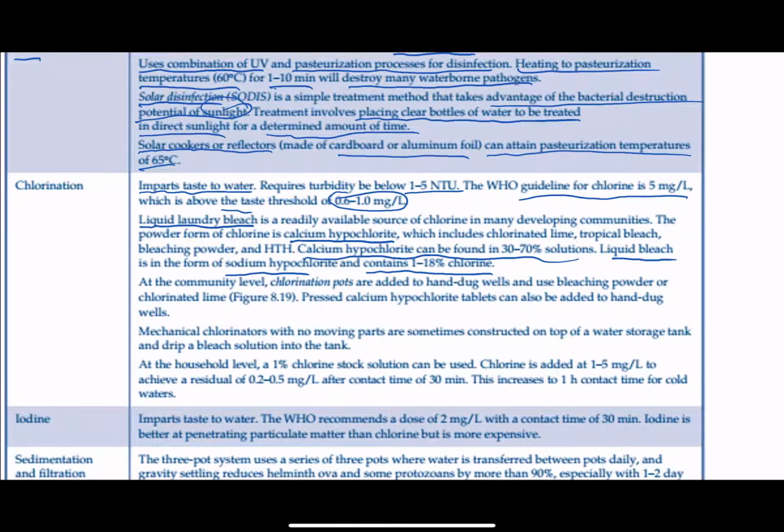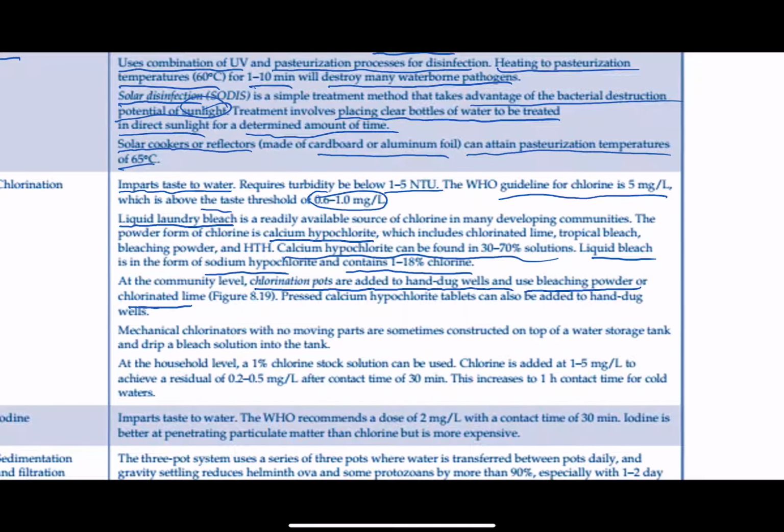At the community level, chlorination pots that use bleaching powder or chlorinated lime are added to hand dug wells. Pressed calcium hypochlorite tablets can also be added to hand dug wells. You could add some tablets, and chlorination will start working after you add it.